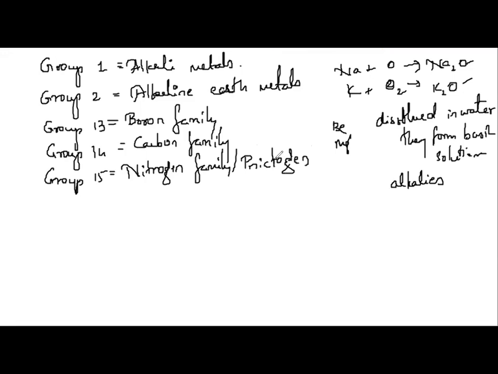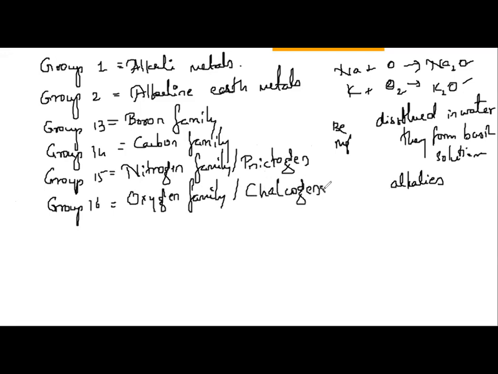Therefore, it is called pnictogens. Group 16 are called the oxygen family, or they are very commonly called chalcogens. Gens means producing, chalco stands for ore.